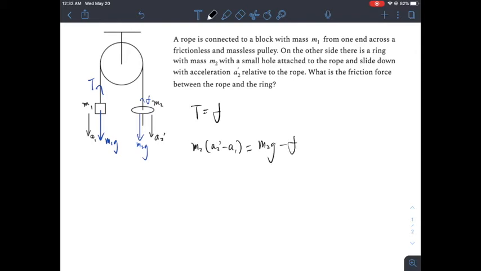So m2 times (a2 prime minus a1) equals m2g minus f. That's just F equals ma. Then on the left hand side we have m1g minus T equals m1 a1. Then we have our system of equations here.